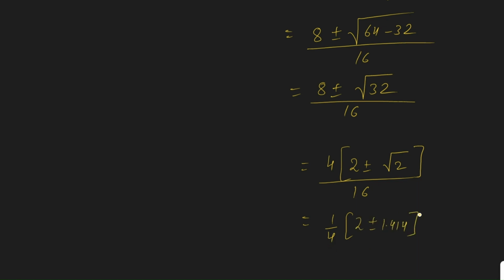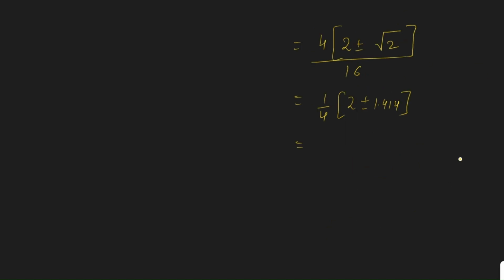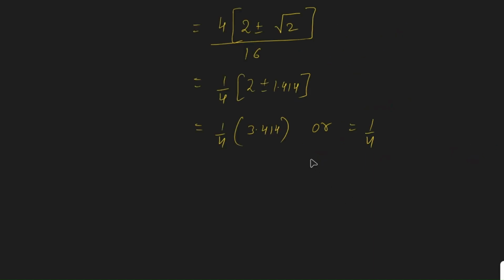Let's simplify this. So we get 1/4 of 3.414, or when we subtract these values we get 1/4 of 2 minus 1.414, which is 0.586.